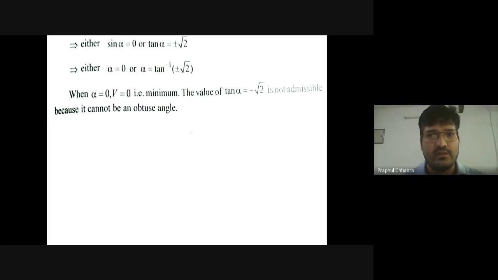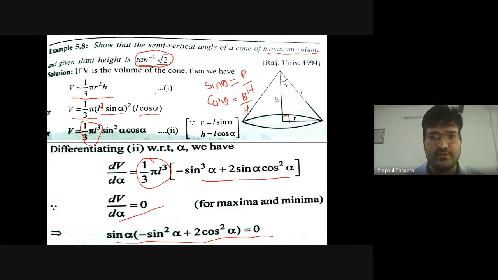It means either sin alpha is 0, then alpha will be 0. So this is the first stationary point. And the second is, you can see very easily, sin square alpha plus 2 cos square alpha is 0.